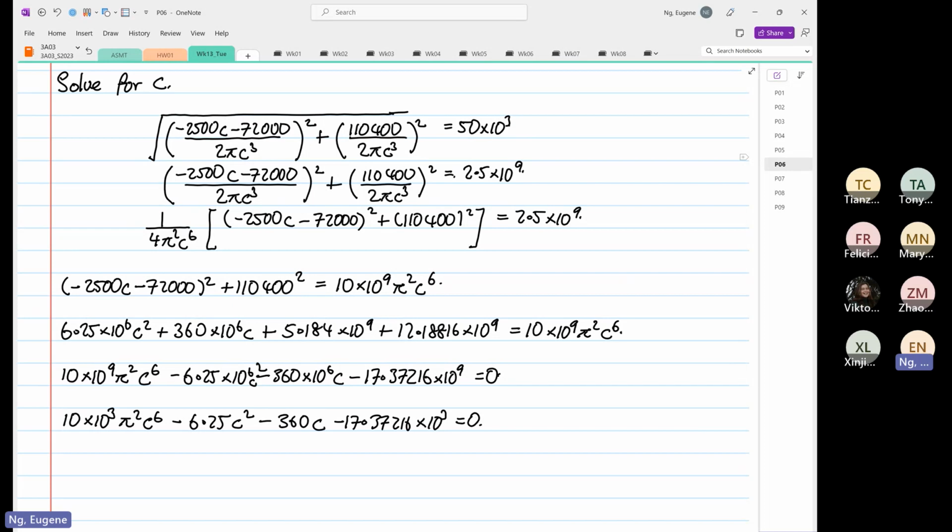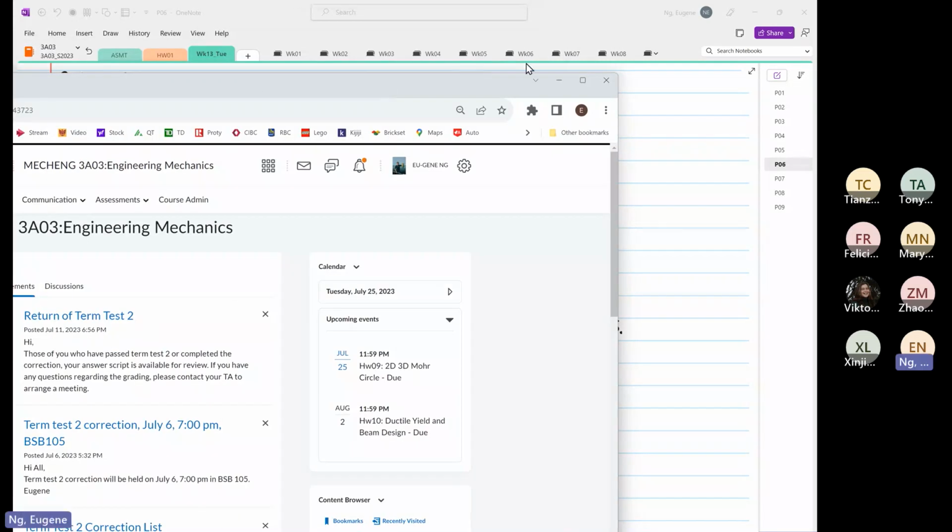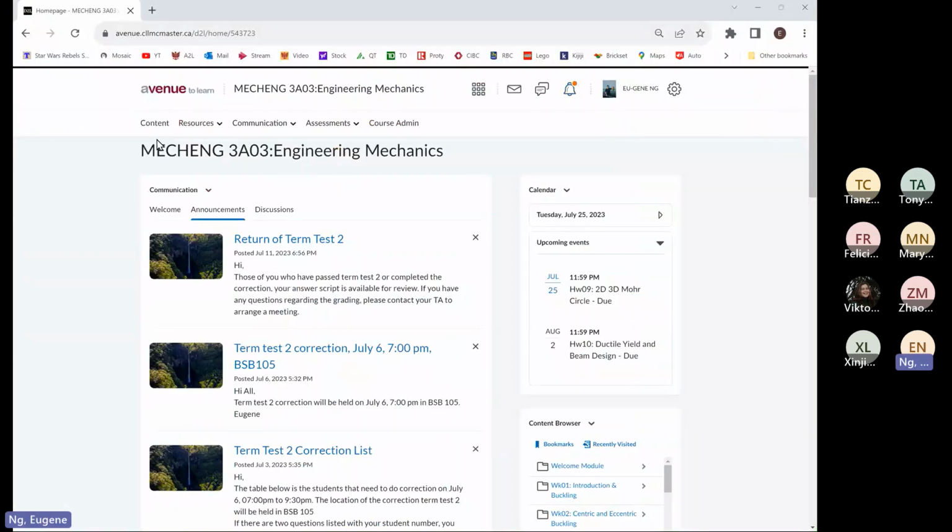So you can solve for this using your calculator. I will not show you how to do it on the calculator here, but if you go to Avenue to Learn, as you can see, this is Avenue to Learn.